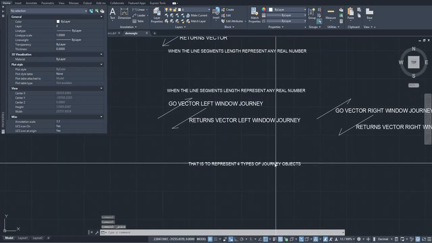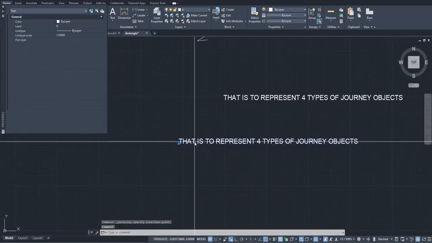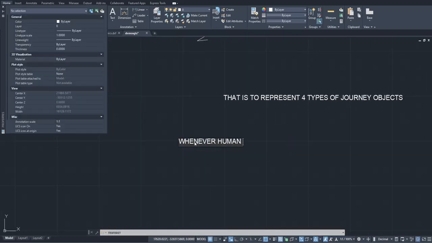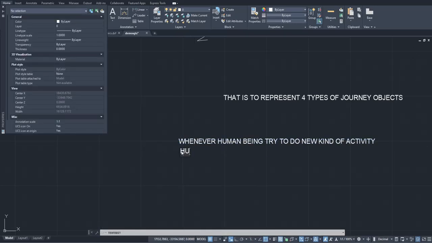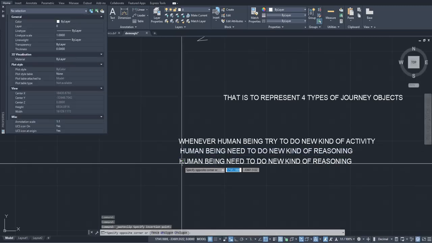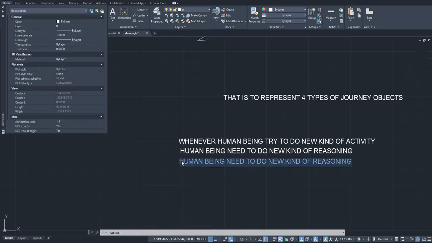This new kind of mathematics is necessary to do new kinds of reasoning. Sanjoy Nath has to say here that whenever human beings try to do a new kind of activity, human beings need to do new kinds of reasoning, and to do new kinds of reasoning, human beings need new vocabulary.